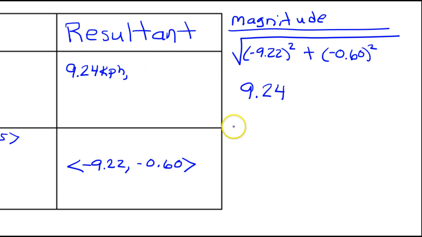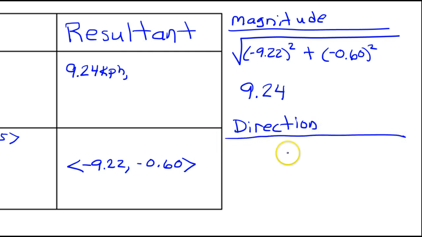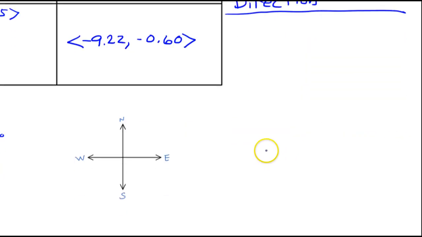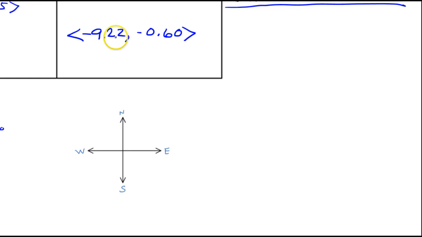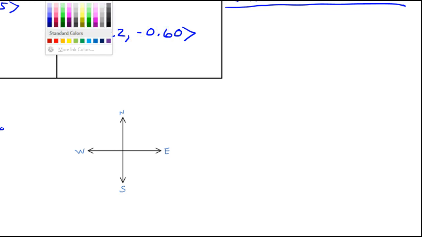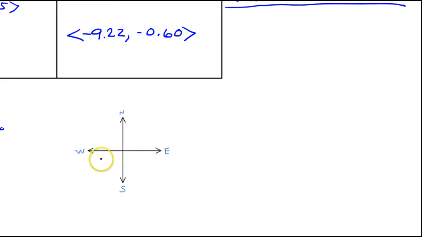Now we need the direction. Let's see. So for the direction, we have a negative horizontal component and a negative vertical component. That means this vector is going to the left and down. So we're definitely dealing with the third quadrant. So draw a third quadrant vector.